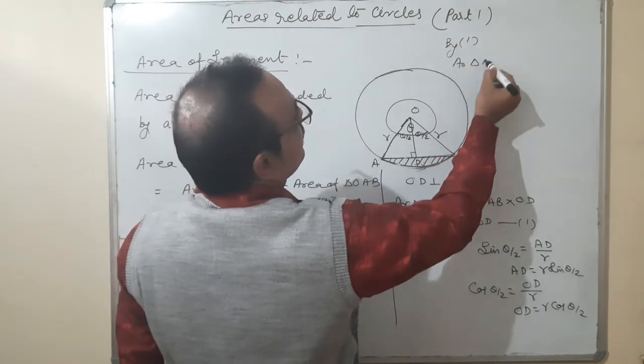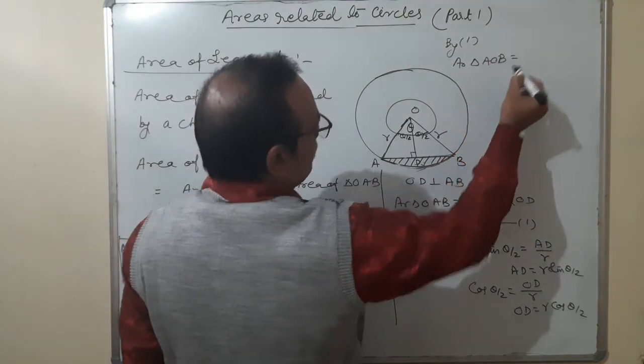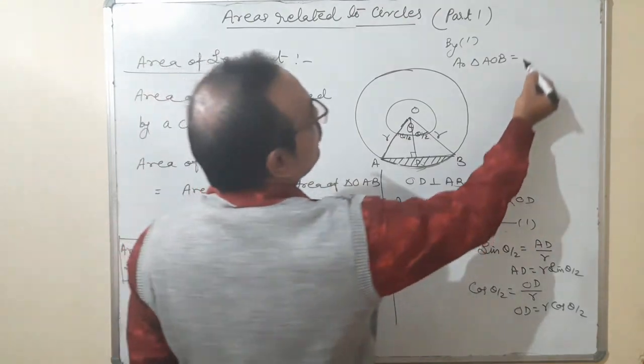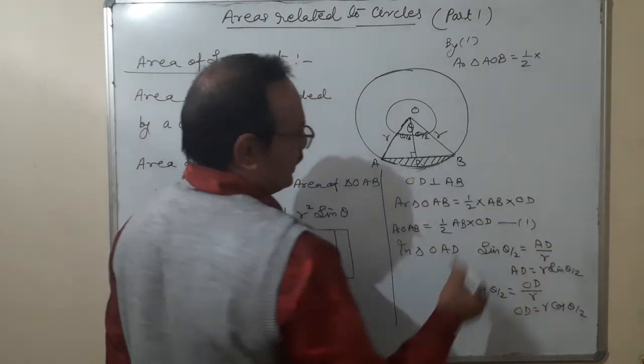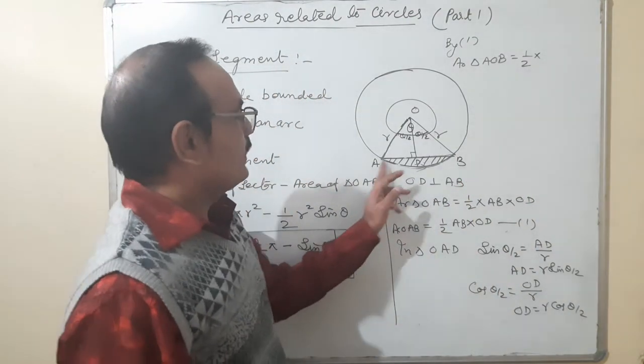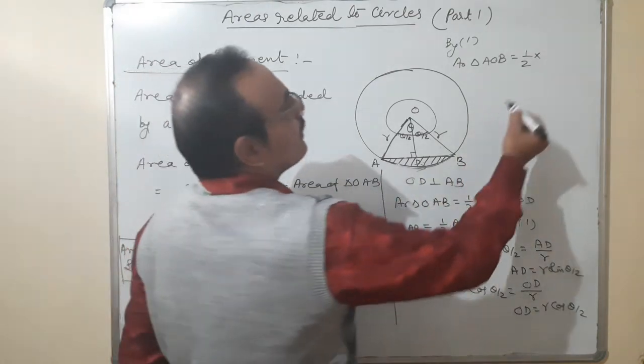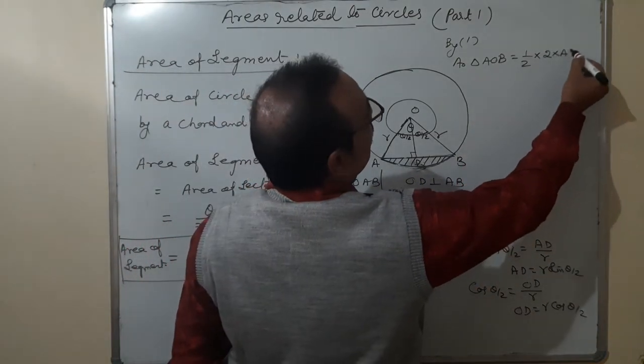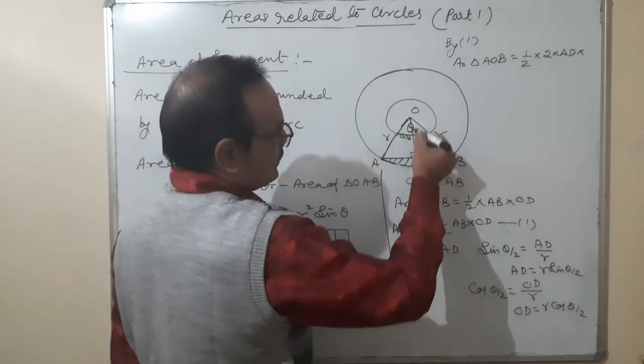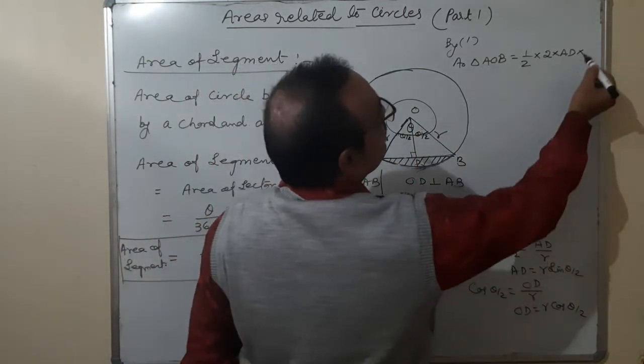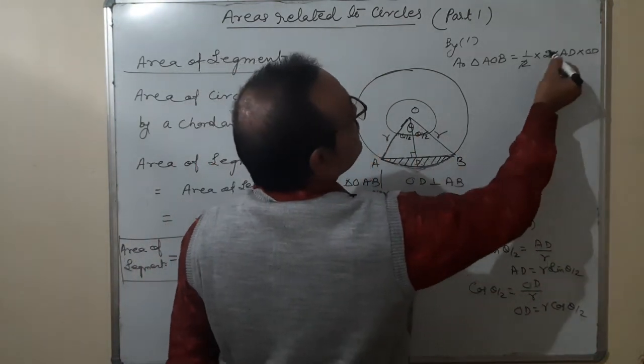Area of triangle AOB is equal to 1 upon 2 into base AB. AB, that means 2 into AD, plus height is OD. 2 cancel.